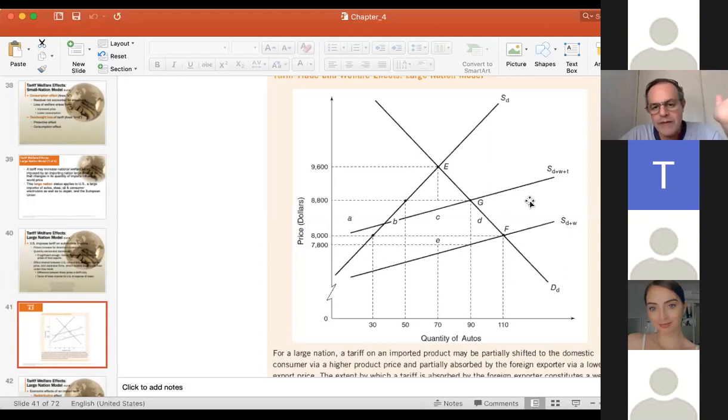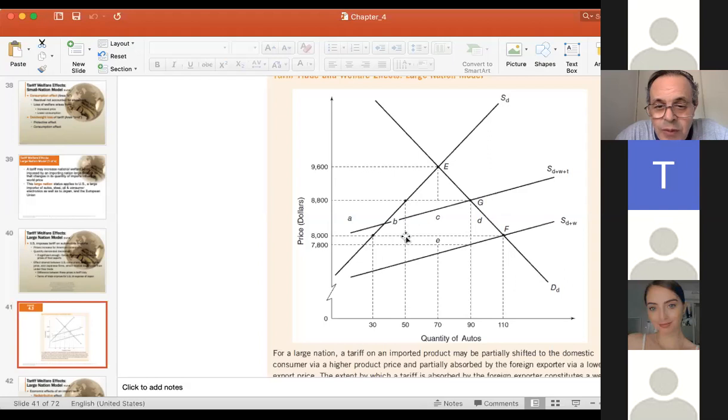So now once we have done that, we're going to determine where the equilibrium point will be between the new supply and the demand. As you can see, it's at point G. At point G, the price will be exactly equal to 8,800. And the quantities purchased will be equal to 80. Again, at the price of 8,800, how much will be produced at home? This will be determined by the domestic supply. So I'm going to have a point right there on the domestic supply.